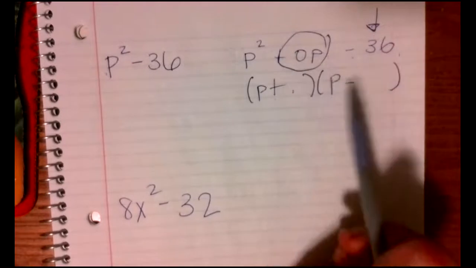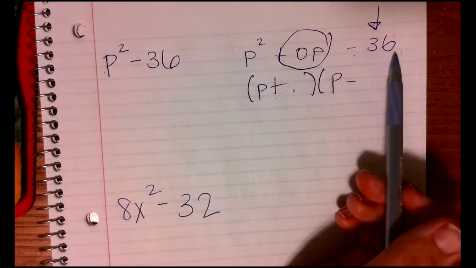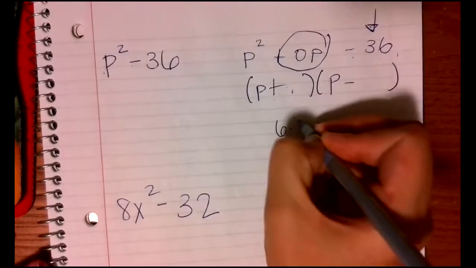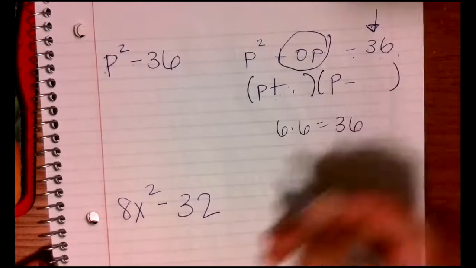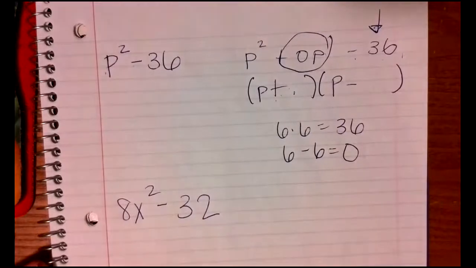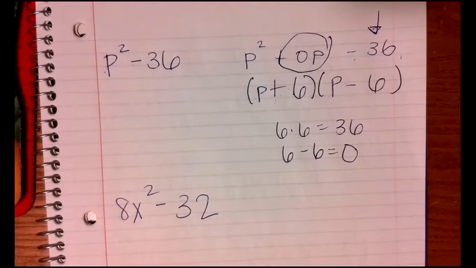So I need two numbers, or one number, that I can multiply by itself and get 36. So that number's 6, right? 6 times 6 is 36. 6 minus 6 is 0. So those are my factors.